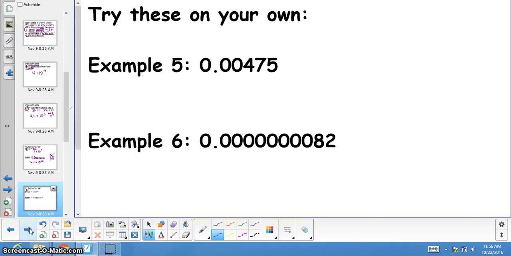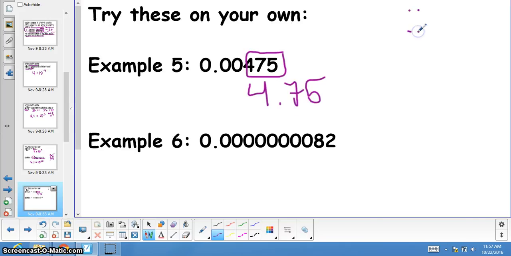What about these two? Again, pause the video and try on your own. I'm going to continue. Here I see a decimal, so I already think that my exponent will be negative, but let's just see. My 3 numbers, it doesn't matter how many, are the numbers that are non-zero. 4.75.